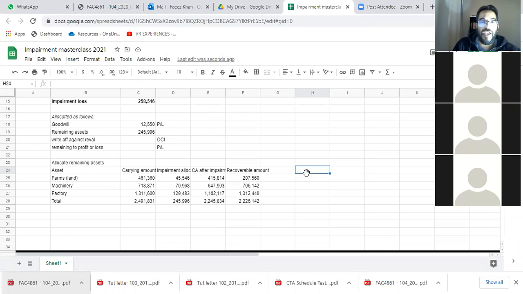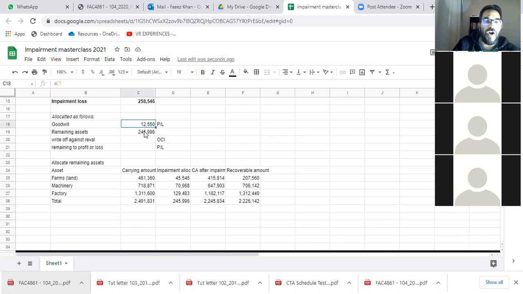Then IAS 36 says the impairment loss must be allocated as follows. First, allocate the impairment loss against goodwill as far as possible. Once goodwill is 0 and there's still an impairment loss available, then allocate the remaining impairment loss to the remaining assets on a pro rata basis based on their carrying amount. Goodwill only has 12,500, so we allocated the full 12,500.